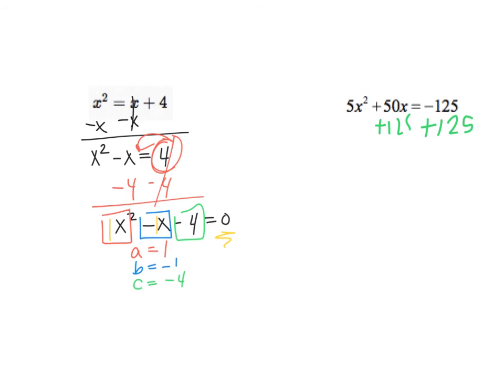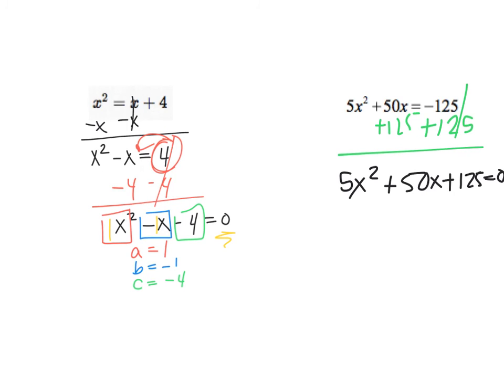There's nothing for me to combine that 125 with on the left-hand side of my equal sign. So all I'm left with is 5x squared plus 50x plus 125 equal to 0.